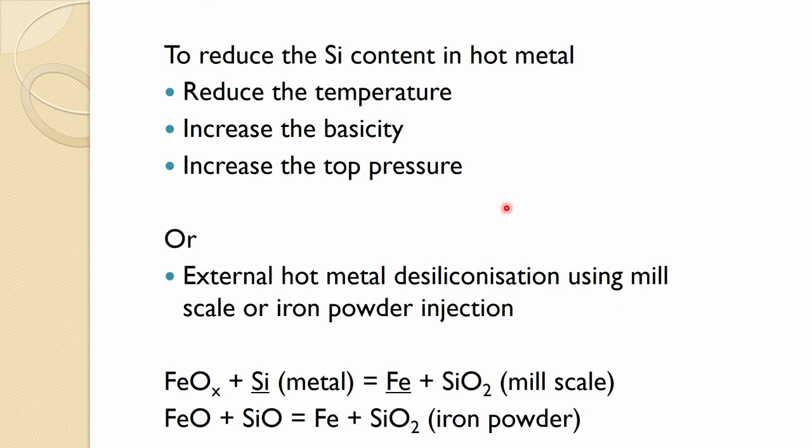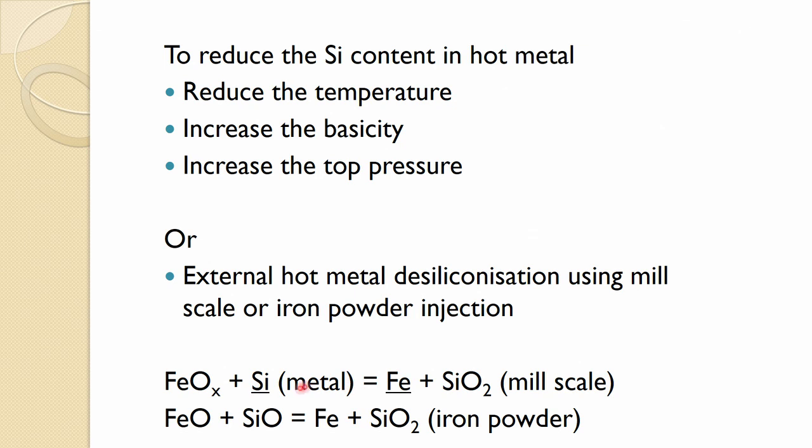So, in summary, to reduce the silicon content in hot metal, reduce the temperature, increase the basicity, increase the top pressure, or if you need a really very low silicon content and that is not possible through this, then external hot metal desiliconization is necessary, which can be done using mill scale or iron powder injection, either in a torpedo car or another outside process.